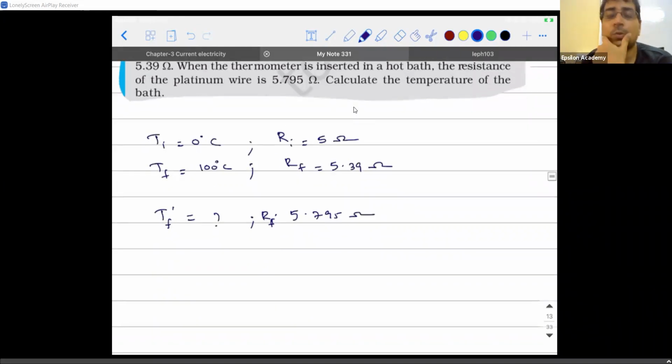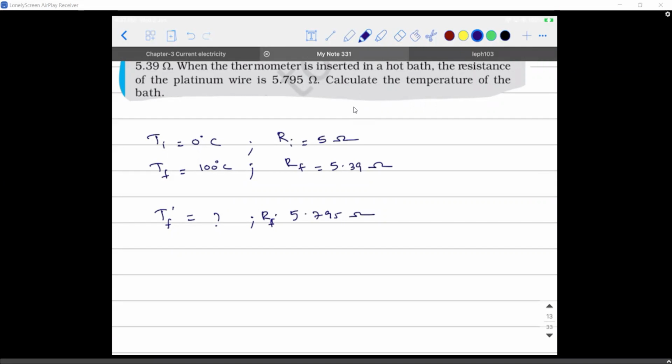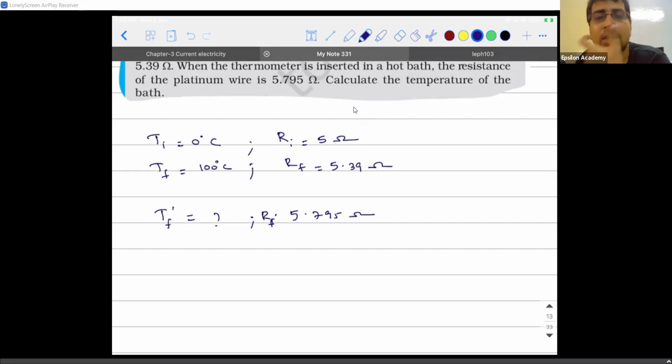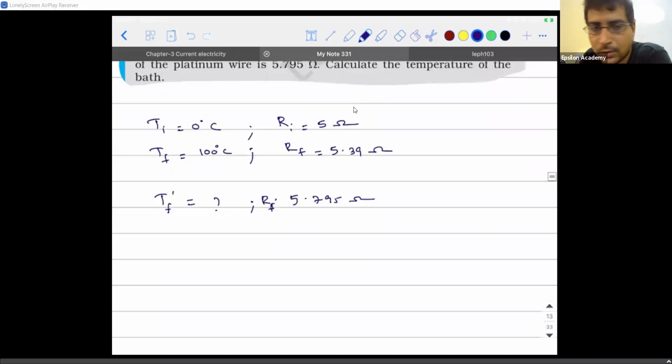But if you see in this question, what is not given? Alpha. But one thing we know is the temperature coefficient of resistance is constant for a given material. It is independent of length. So what I can do is take these values and write the definition of alpha. This problem I am solving in a different way.